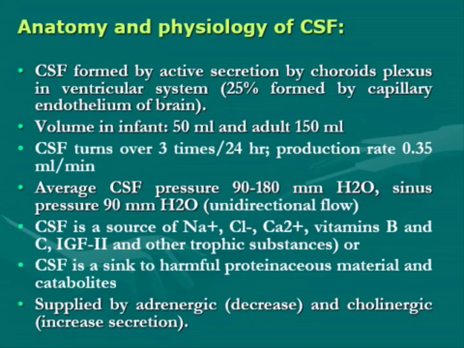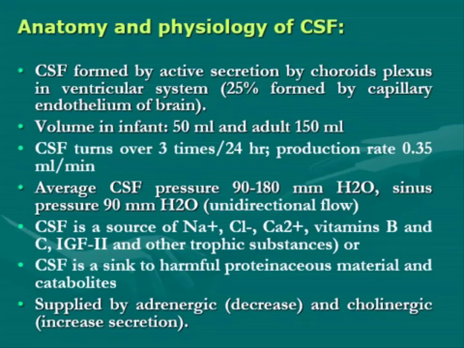The average pressure is very important. We need to know the pressure in the ventricular system. The normal pressure is about 90 to 180 millimeters water, whereas in the sinus the pressure is half of this, about 90 millimeters water.